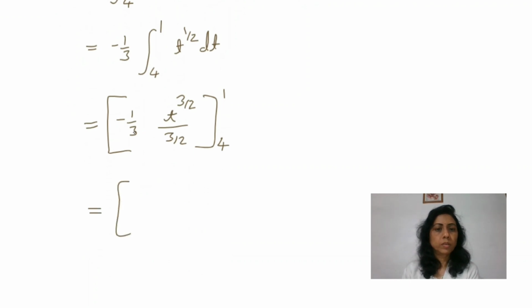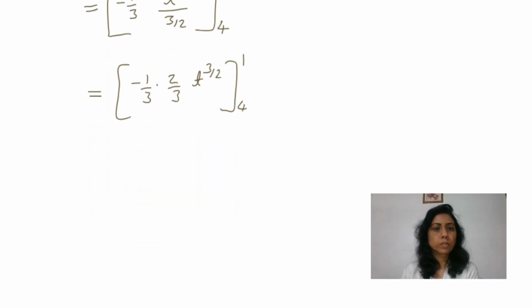So 3 upon 2 in the denominator, we can write 1 upon 3 times 2 upon 3 t to the power 3 upon 2, 4 to 1.